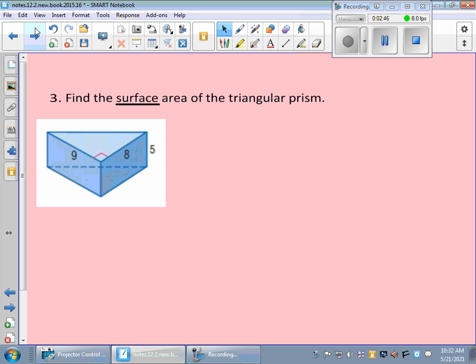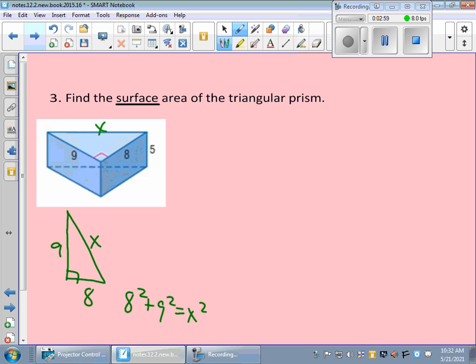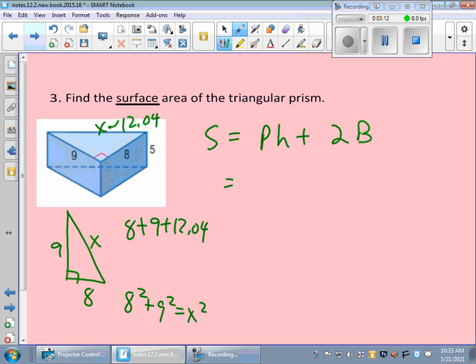Okay, we have this one here, so try this one on your own. Again, we're going to use the triangle here. So we have 8, we have 9, we're going to call that x, that's right here. 8 squared plus 9 squared equals x squared. X becomes about 12.04. So for the S equals PH plus 2B, the P is going to be 8 plus 9 plus 12.04, and that is 29.04.